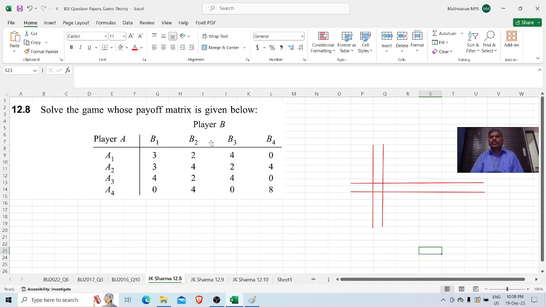If there is a saddle point, the game is following a pure strategy where player A and player B will use one strategy with probability 1. If you try and find the maximin and minimax values, you will know that this game does not have a saddle point. In that case, we have to use only the dominance principle to solve this problem.